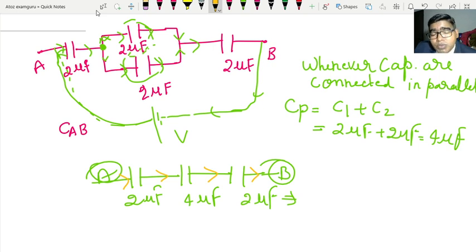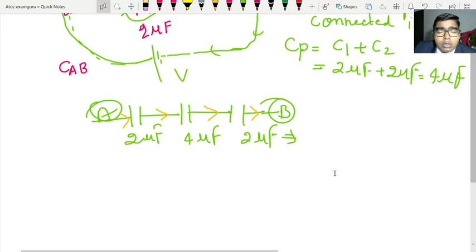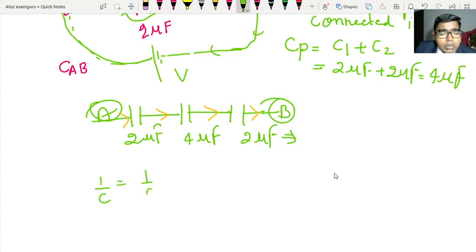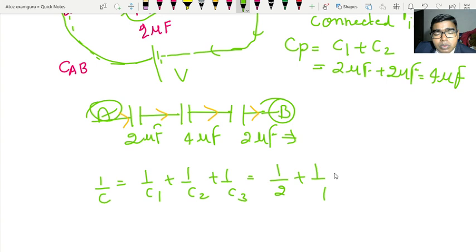For the series combination of capacitance, you know that 1 by C equals 1 by C1 plus 1 by C2 plus 1 by C3. It means 1 by 2 microfarad plus 1 by 4 microfarad plus 1 by 2 microfarad.